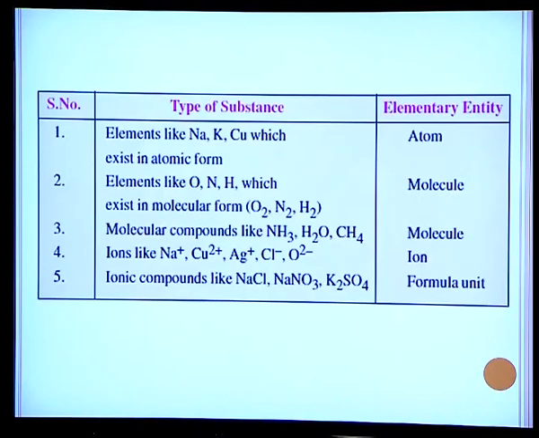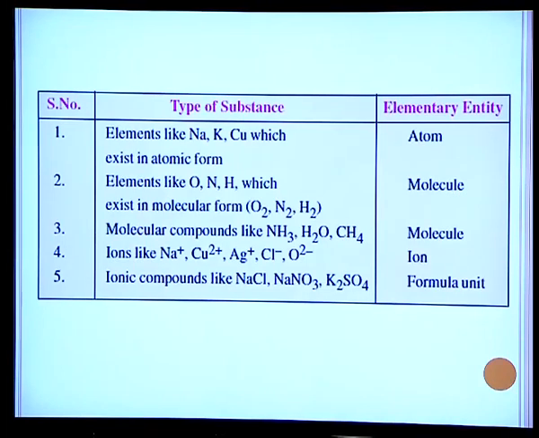You will find elements like sodium, potassium, copper, which exist in atomic form; elements like O and H which exist in molecular form, O2, N2, H2; molecular compounds like ammonia, H2O and CH4; ions like Na+, Ca2+, Ag+, Cl-, O2-; and ionic compounds like NaCl, NaNO3, K2SO4.